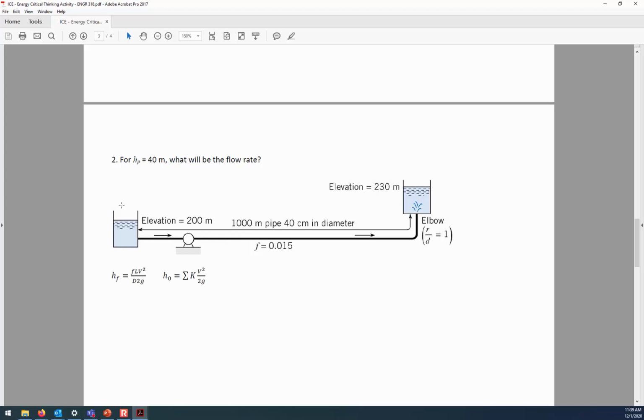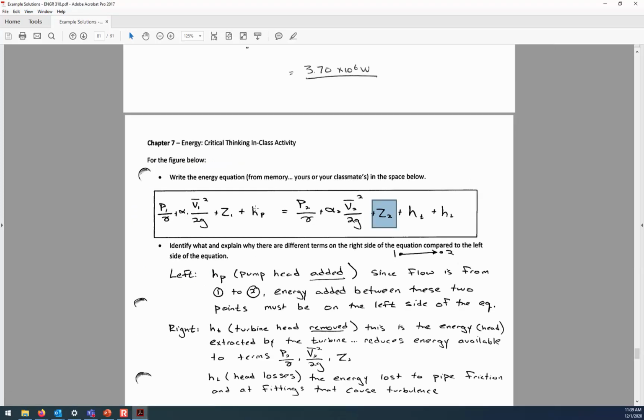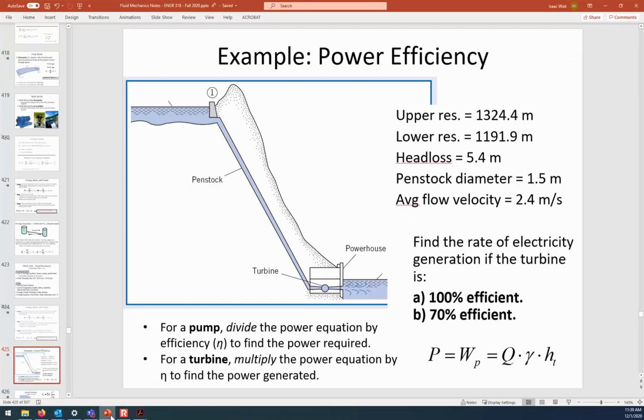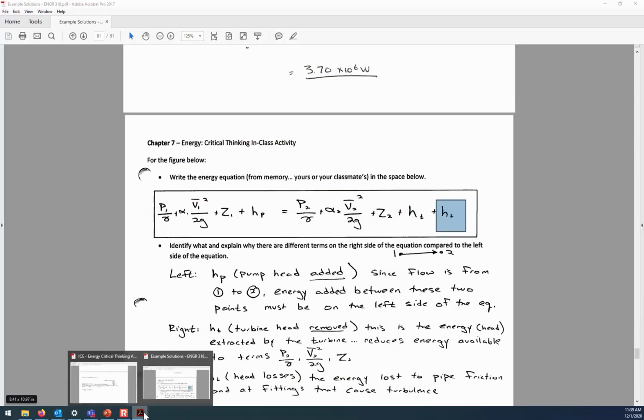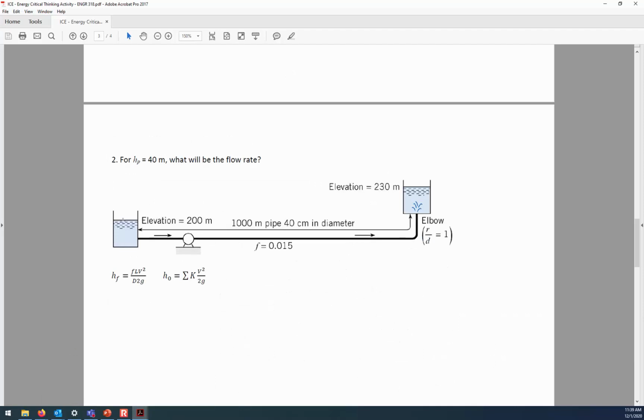So what you should do is use the energy equation, which we saw here. So use the energy equation, and HL is H naught plus HF. 200 is the Z1, 230 is Z2. Location 1 has no pressure because it is at the top of the reservoir where the air is touching the water.